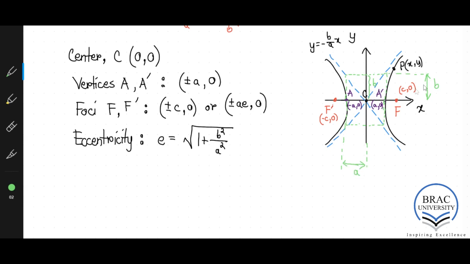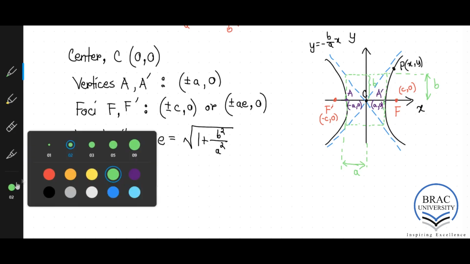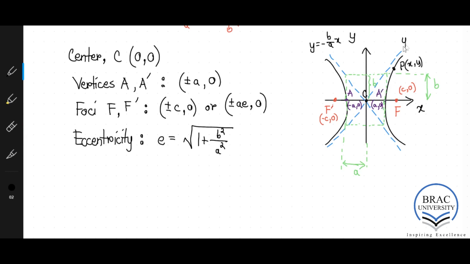So the b represents the height, and this is the run, right? Rise over run. That gives us a negative gradient here because the run is negative. And here you would have just the opposite. You would have positive b over a. Y is equal to plus b over a x.